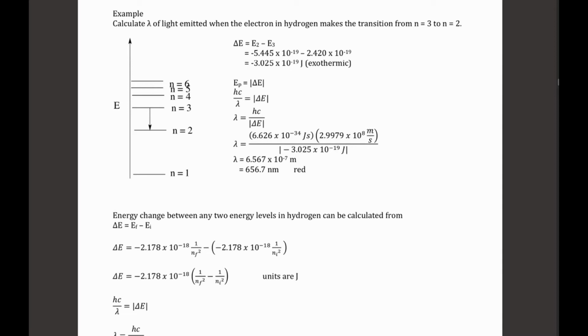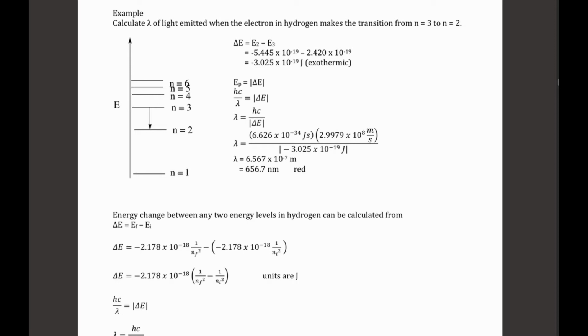We put in the value of h, 6.626 times 10 to the minus 34 joule seconds, and the value of c, 2.9979 times 10 to the 8th meters per second. And we divide by the delta E, 3.025 times 10 to the minus 19 joules, where we're dropping that negative sign.